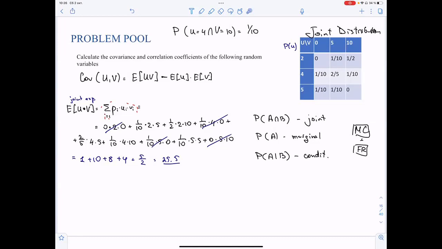So look, I need to know the probability when U is equal to 2. U is equal to 2 at these 3 cases. So what I do, I sum it up and I get 6/10. Here I have 4/10, so it's 6/10 as well. And here I have 2/10.